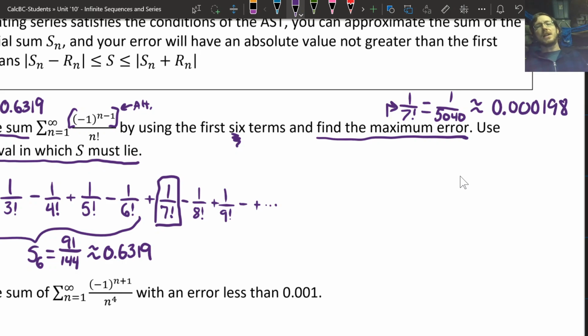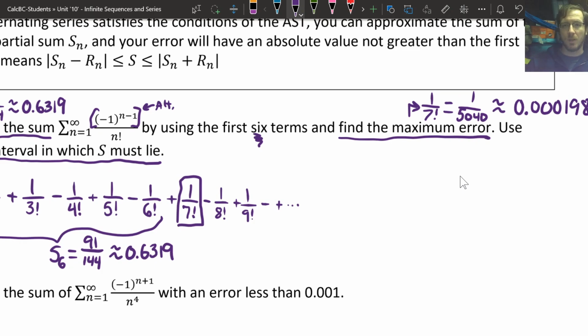All right, so really small. So what that says to me is that this is a really good approximation. It's within 2 ten-thousandths of a unit. All right, that's pretty good to me.